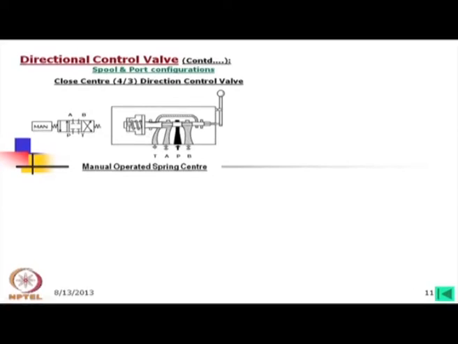It might be that on one side a spring is arranged in such a way that it always comes back to this neutral position. This is also possible: only one spring is used, but it is arranged in such a way that whenever the lever is released, it will come back to its position.